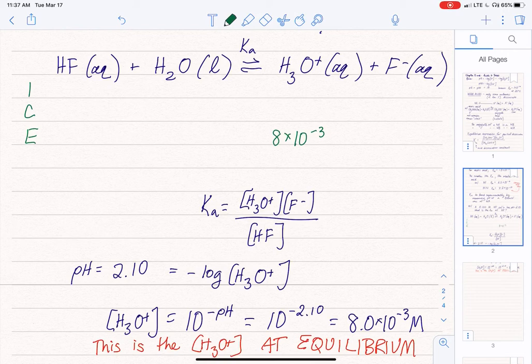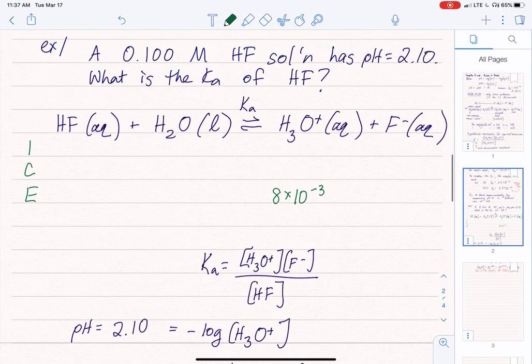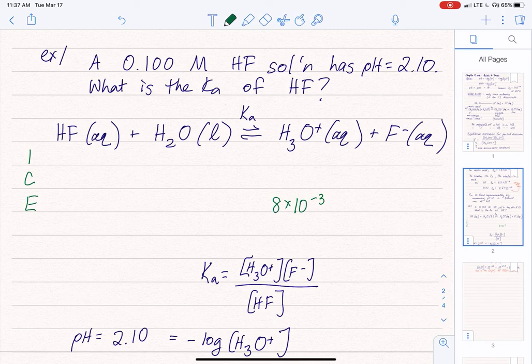Now, what do we know? Well, going back up to the problem, we were given this value, which is the initial concentration of HF. That molarity is the initial concentration of HF. Now, if you look at the stoichiometry of this reaction, for every mole of this, we get a mole of hydronium and a mole of fluoride.